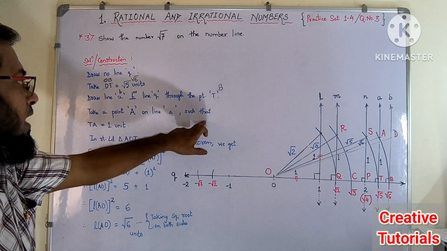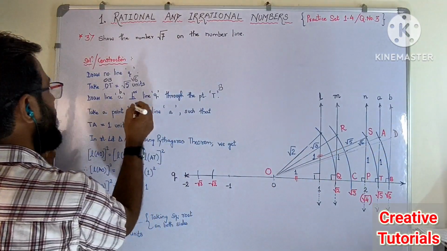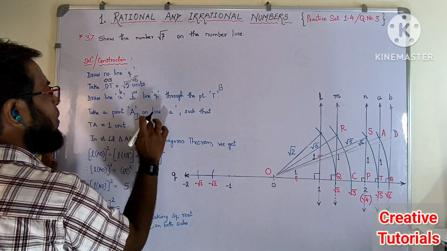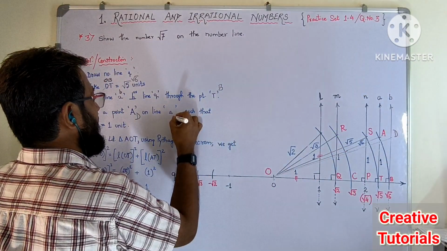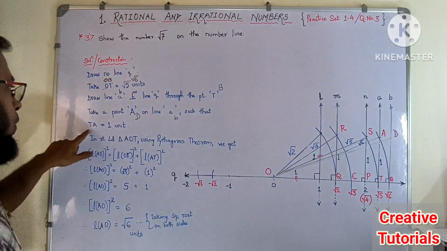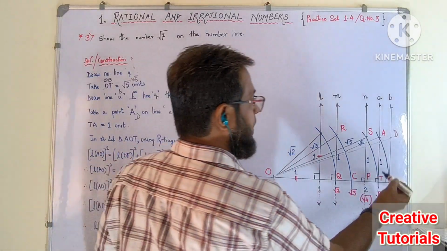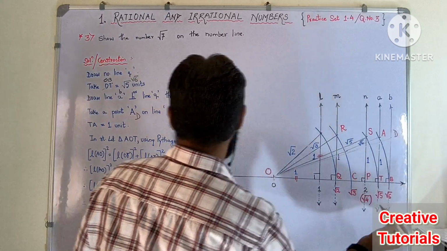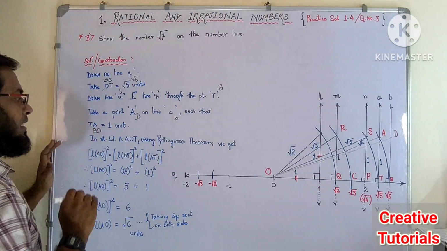This A is nothing but B for root 7. Now TA is equal to 1 unit. It's not TA, now it is BD. So this TA is nothing but BD.